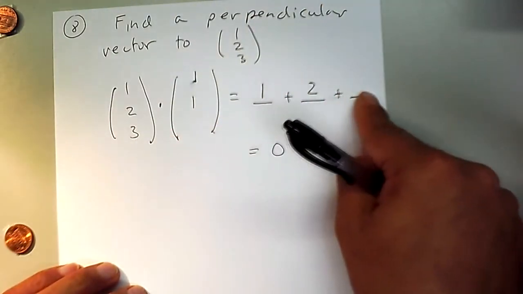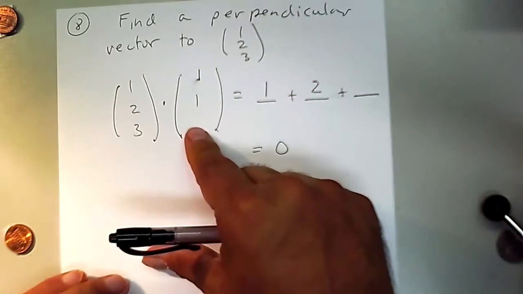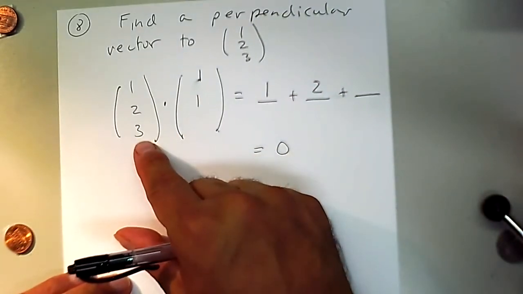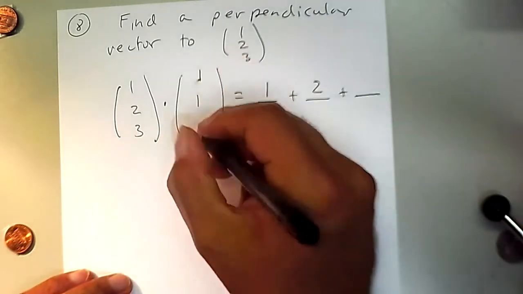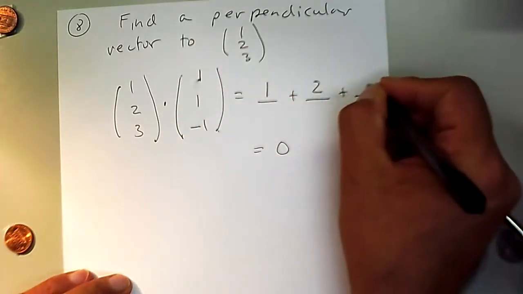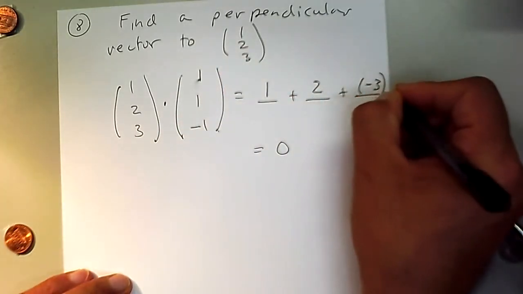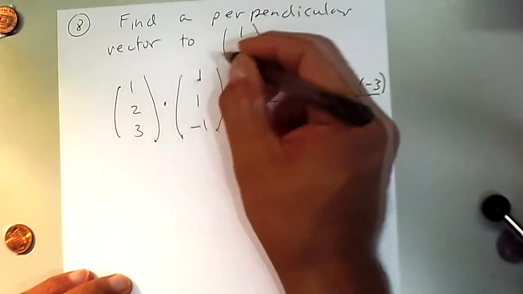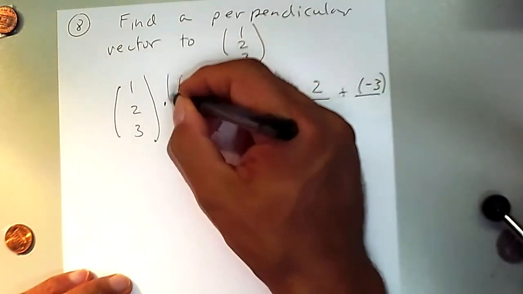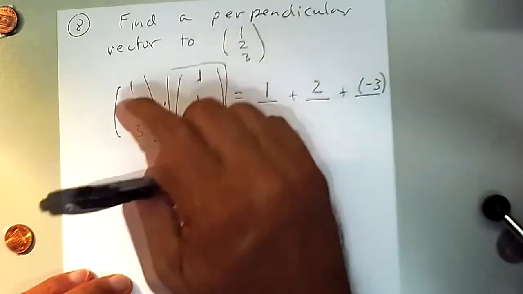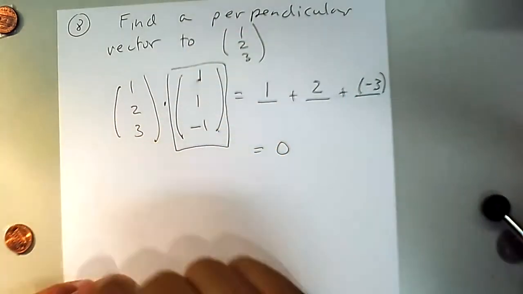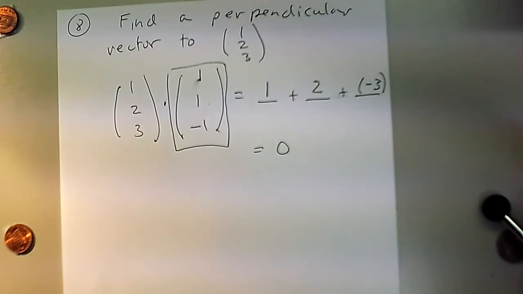But if it's a fraction, that's fine. That's still acceptable. But in this case, I'm lucky because if we put -1, we get -3, and that adds up to 0. So here we have it: 1, 1, -1 is perfectly perpendicular to this vector, totally and completely perpendicular to that one.